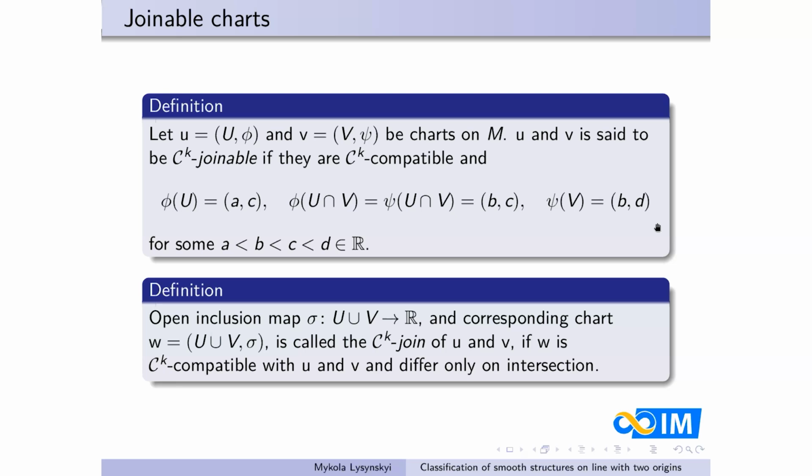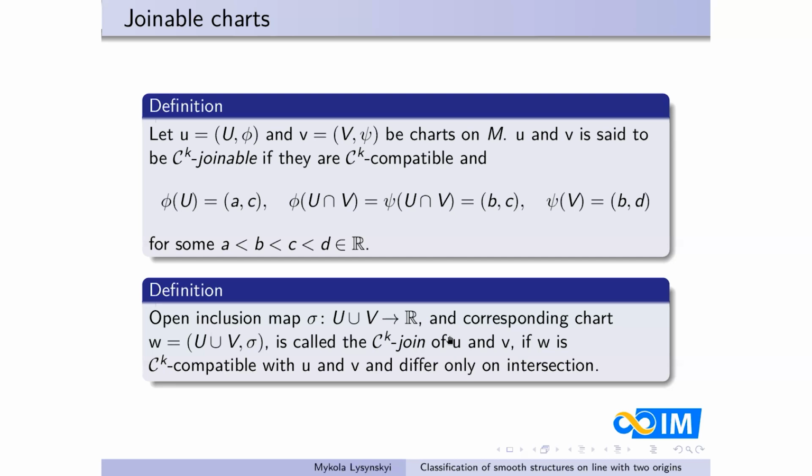Thus, we have intervals, and we can see that a less than b, b less than c, c less than d, all real numbers. Also, the open inclusion map sigma from the union of the domains of these two charts, and the corresponding chart which can be obtained this way, we will call the C^k join of U and V, if W is C^k compatible with U and V and differs only on the intersection.